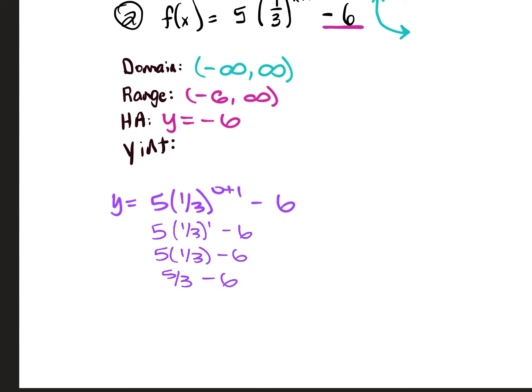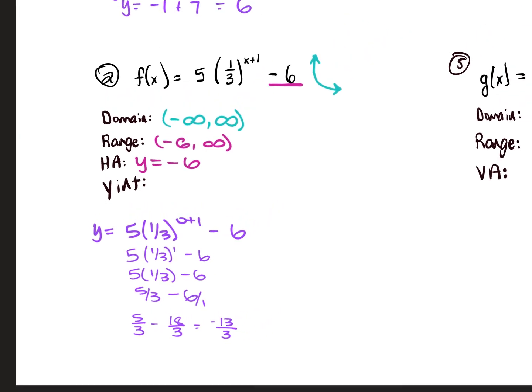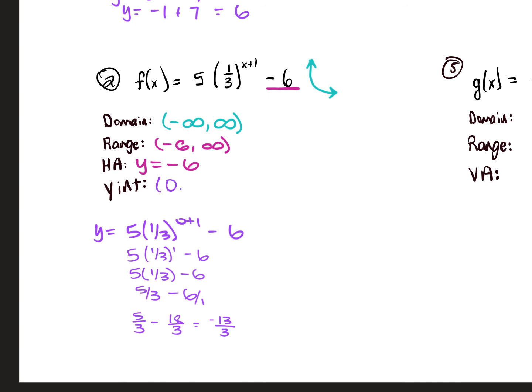Remember to subtract numbers where you have a fraction as 1 and the whole number as another. You got to turn that whole number into a fraction, which is 6/1. Then find the least common denominator and rewrite it with your denominator. So that's going to be 5/3 minus 18/3. This gives us -13/3. So the ordered pair that is your y-intercept is the ordered pair 0 comma -13/3.